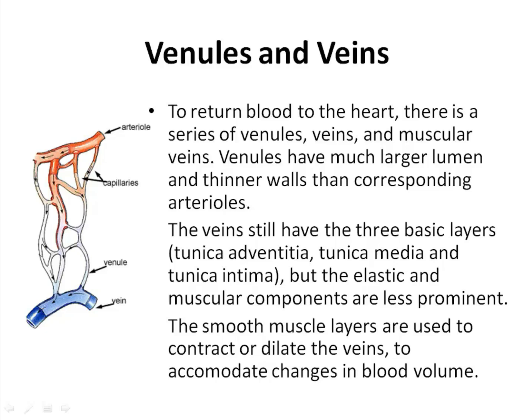Here you will see the same three basic layers: tunica adventitia, the outermost layer, tunica media and tunica intima. But the elastic and muscular components are far less prominent, and you cannot even distinguish these three layers in veins, because there is no limiting membrane or layer between tunica adventitia, media and intima.